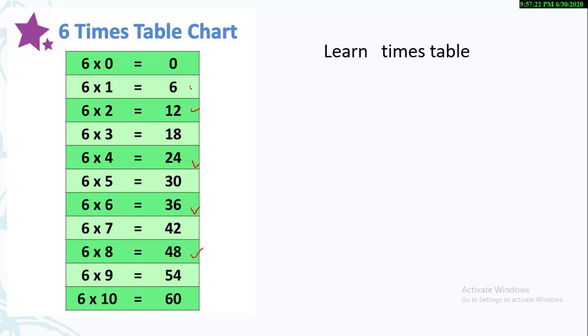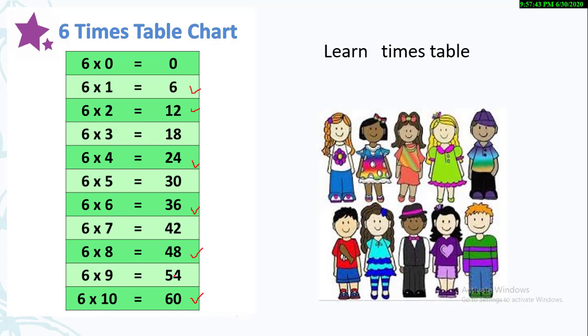And everybody already knows the answer of 6 1s are 6 and 6 10s are 60. So now you guys need to learn only these 4 values, and your table is done. Yes, I hope that after knowing this trick, you guys can easily learn the table. See, yes, my kids are, I hope, happy after knowing this trick.